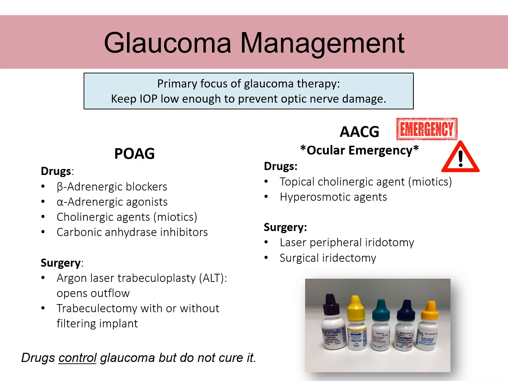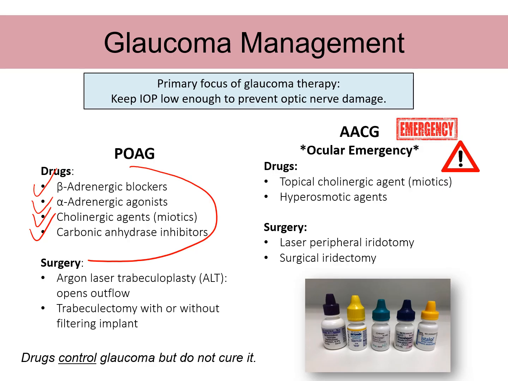So the approaches are a little bit different depending if it's POAG or ACG. For POAG, these are some medications, and these are in the form of eye drops. Some of them may sound familiar because there are also oral medications that are given for other diseases, same type of medication.